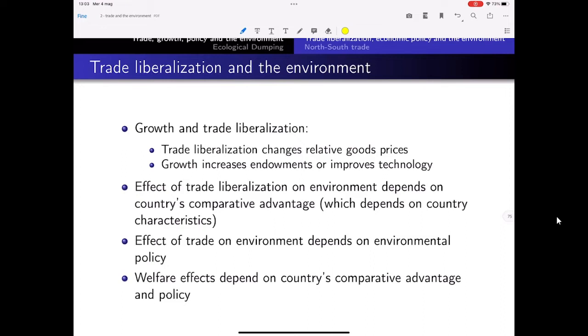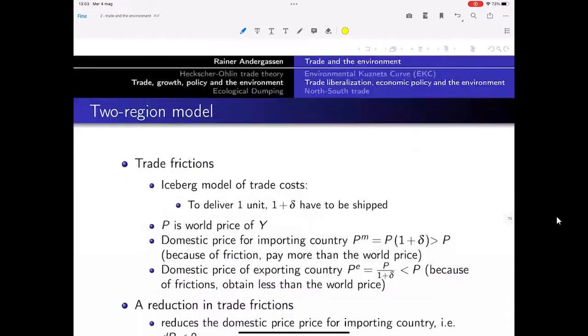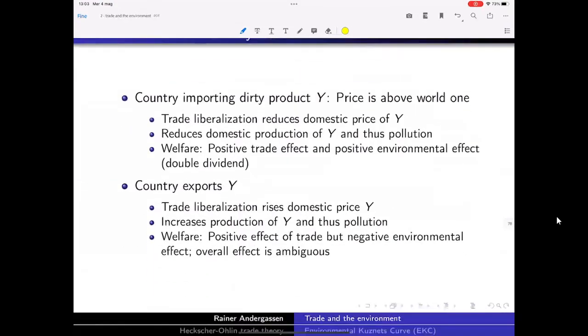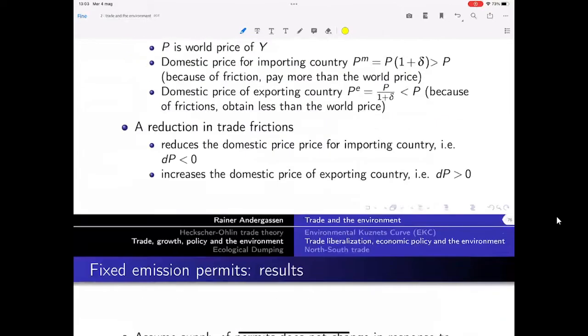One, the standard gains from trade channel, and the other through the environment, polluting or not polluting the environment. So I would like to consider both of these effects, and therefore let me go very fast over this.